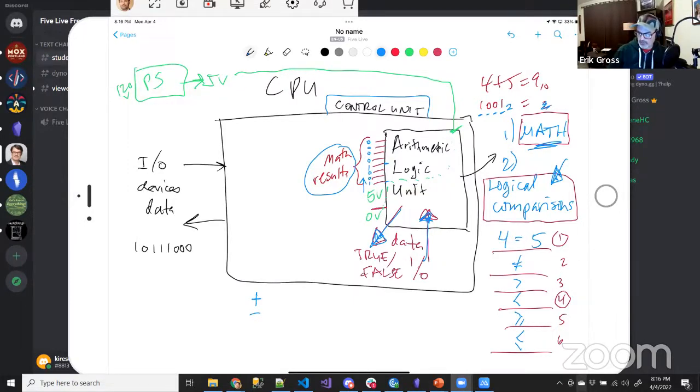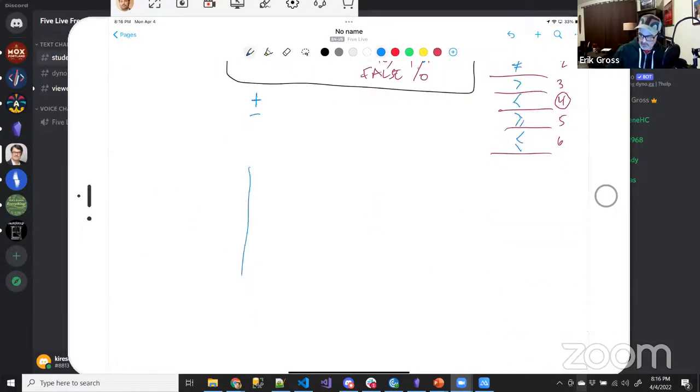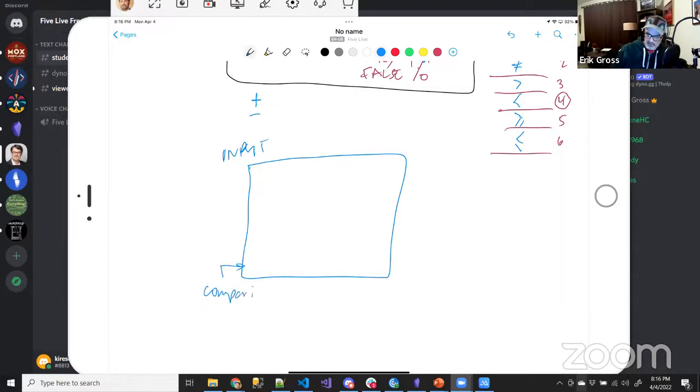So for example, on this one that we talked about here, let's expand this a little bit and look at an ALU. Let's say over here is input. We have one little channel right here we're not going to talk much about, which is comparison. We'll come back to that for a moment.